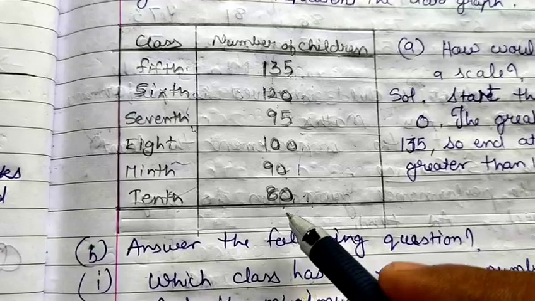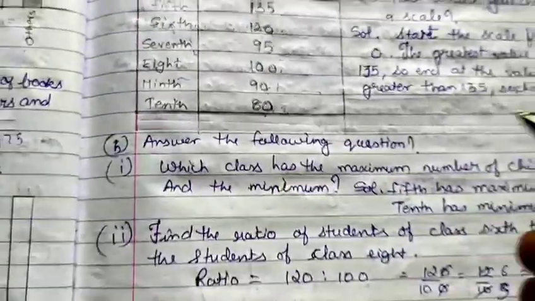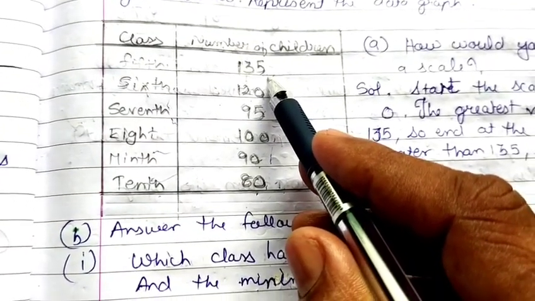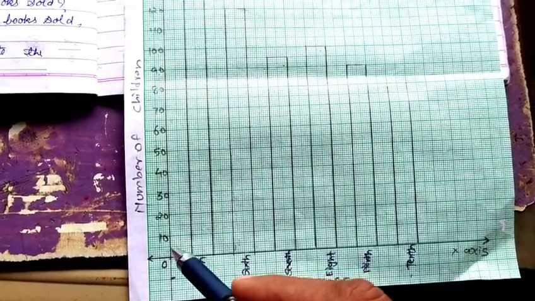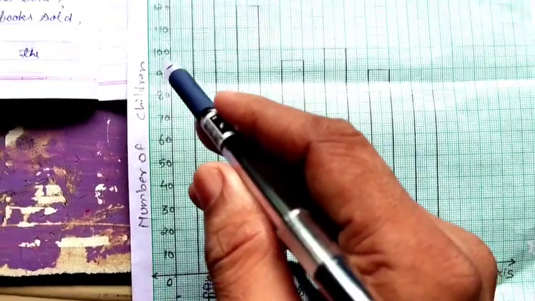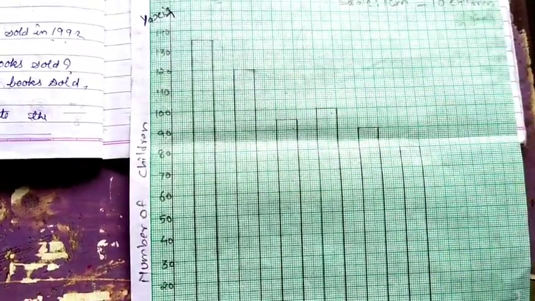So if you start from 0 and take the scale in steps of 10, 20, 30, we have to go till 140. Starting from 0, you take 10, 20, 30, 40, 50, 60, 70, 80, 90, 100, 110, 120, 130 and 140.